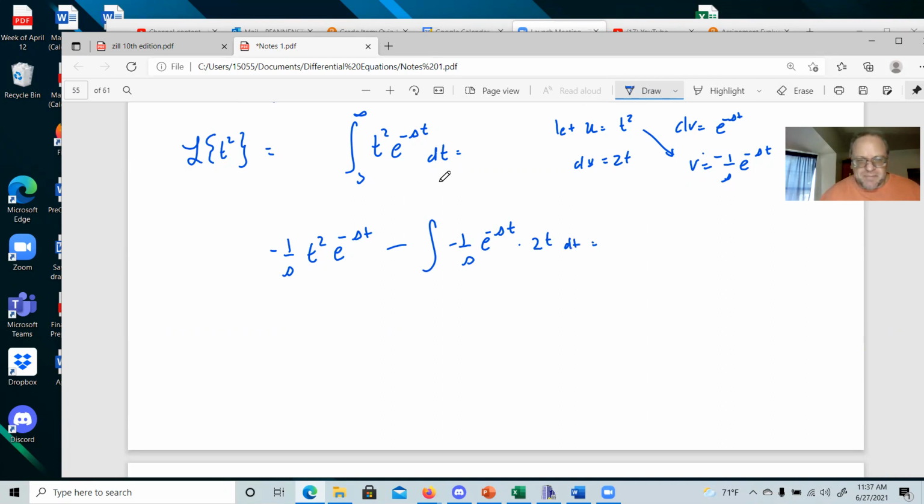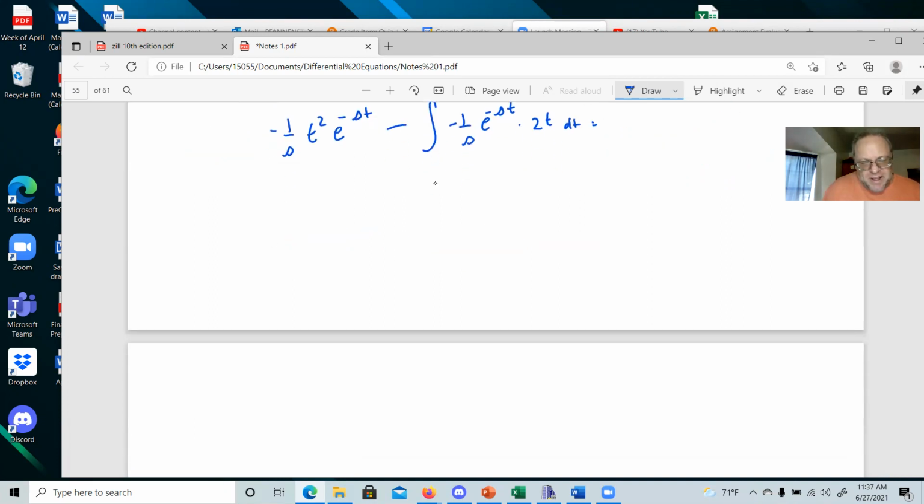So let's clean this up. Here we have negative t squared over s e to the negative st plus negative times negative. Actually, we have 2 over s t e to the negative st.